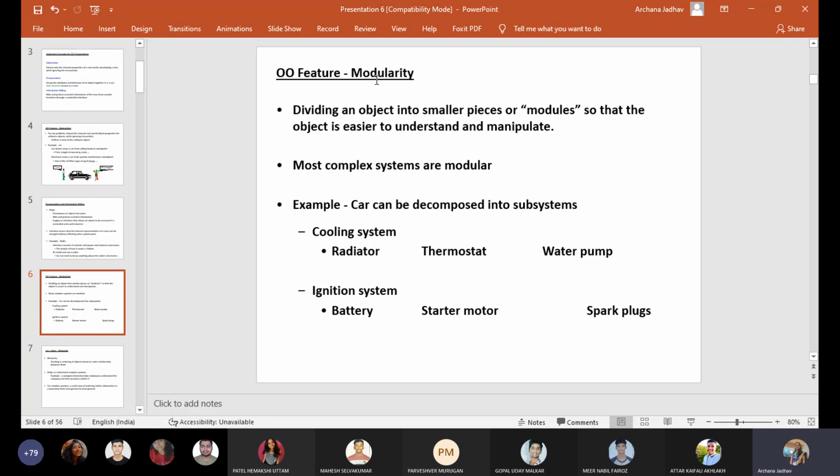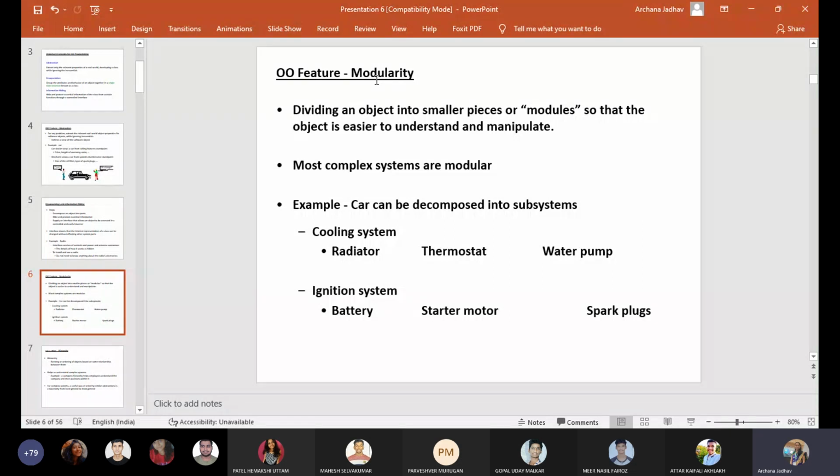Whenever you have a very vast object, having so many properties and so many functionalities, it is very difficult for a particular person to write the different functions and properties of that object. So you can divide it into smaller parts, which are called modules.